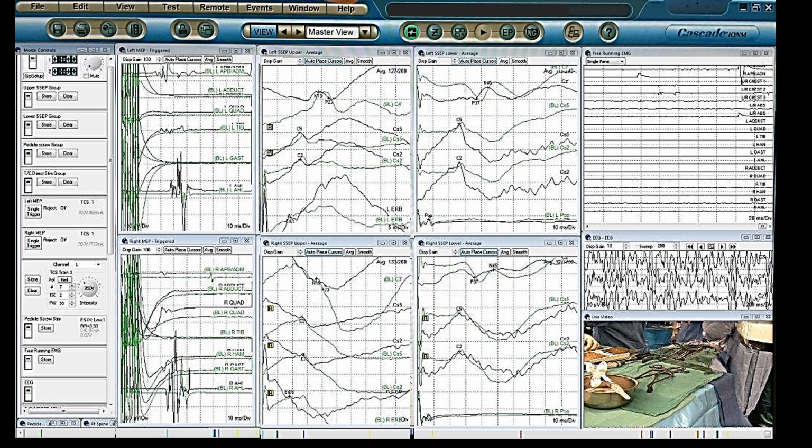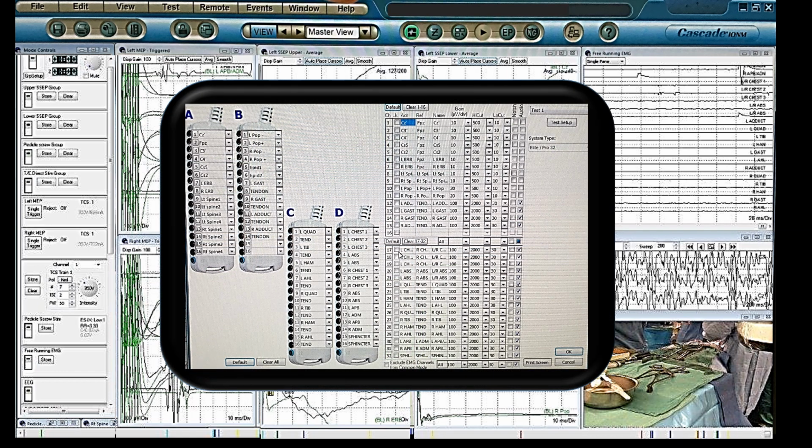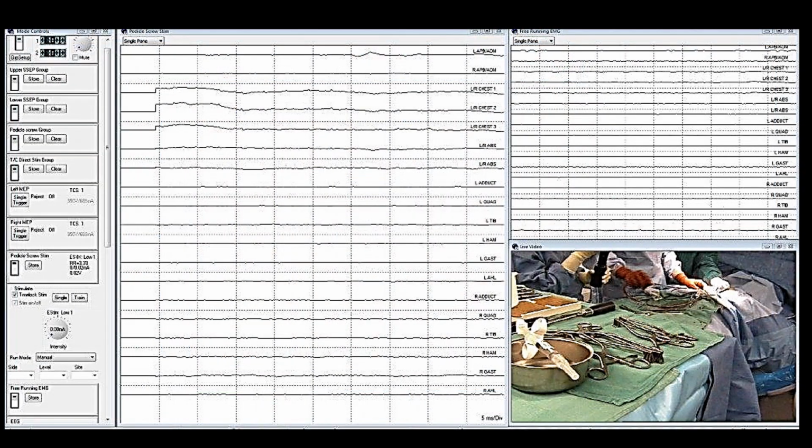One thing we as neurophysiologists have that neurosurgeons or surgeons in general do not have is the control window. As you can see, this window has labels and control options, which are managed by the neurophysiologist during the operation. In addition, during pedicle screw insertion, we can bring up a different panel to better visualize the motor activity.